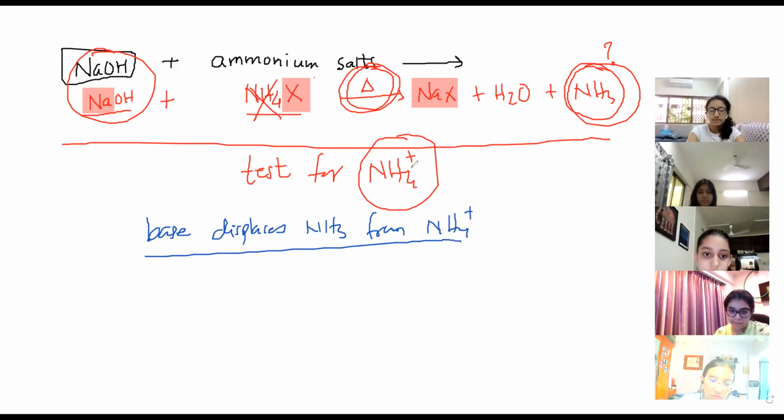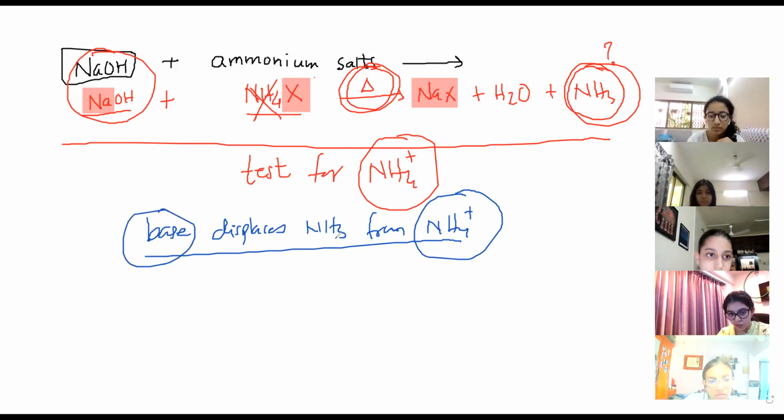If you want to check the presence of ammonium, then you add a base and heat. The base will displace ammonia from ammonium, and if ammonia is released, you will detect it from the pungent odor, and also the red litmus will turn blue.